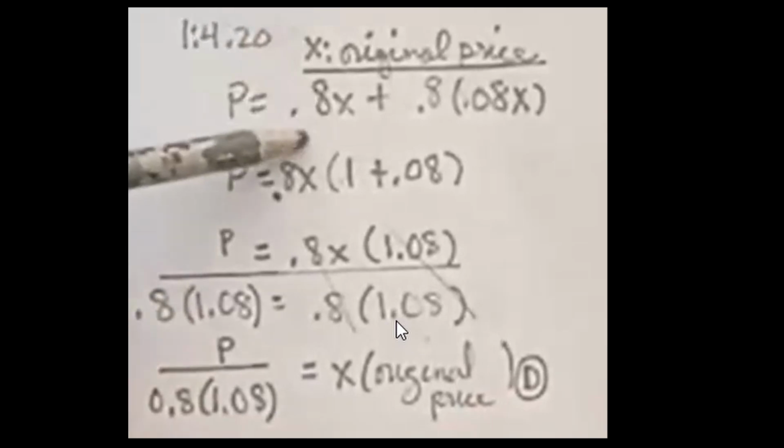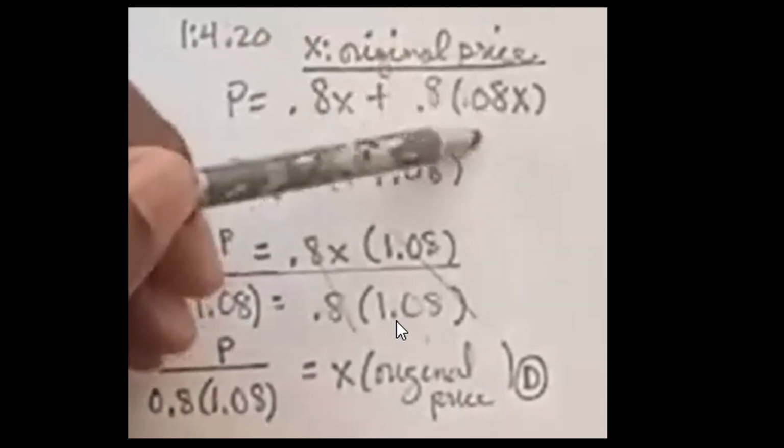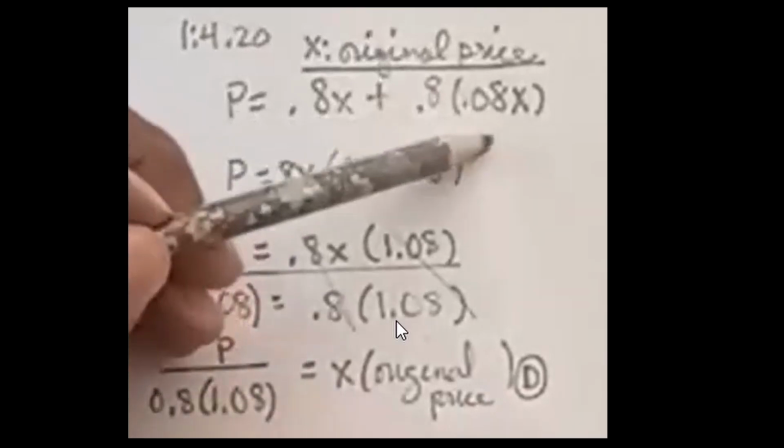So P equals 0.8X. It's going to be 80% of the price plus, this is the tricky part, 0.08X, which means you're going to pay 8%, which is 0.08 tax on 80% of the original price, not on the original price. So you come up with this.